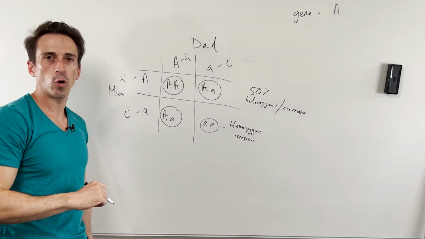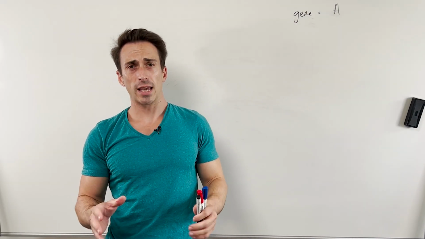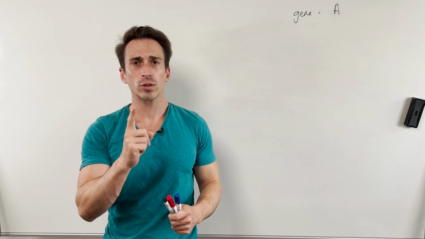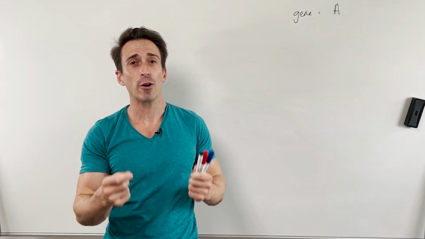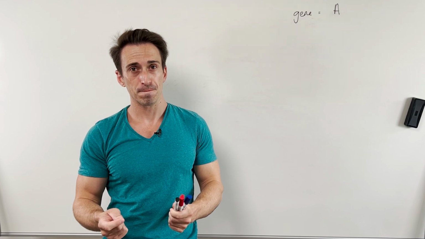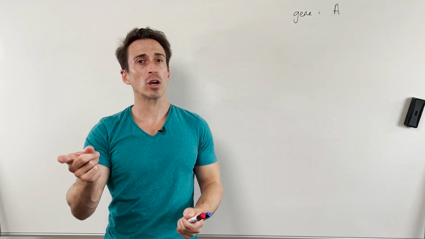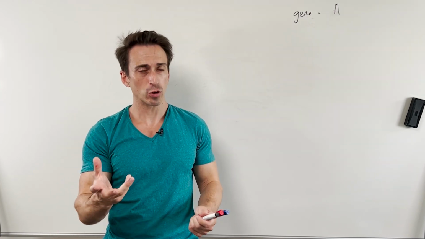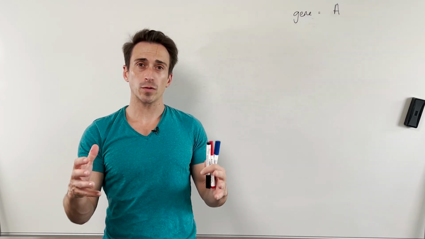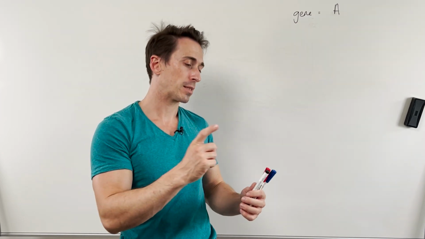So that's question 1. The next question asks if one parent is heterozygous with the dominantly inherited gene and the other parent is homozygous recessive for the good copy, what percentage of offspring will have the disorder? Let's take a look.